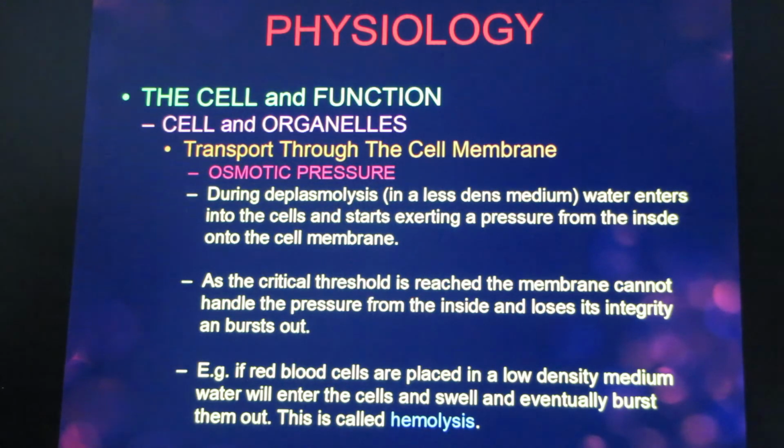when the cell is placed in a less dense medium, water enters into the cells and starts exerting a pressure from the inside onto the cell membrane. As the critical threshold is reached, the membrane cannot handle the pressure from the inside and loses its integrity and bursts out.